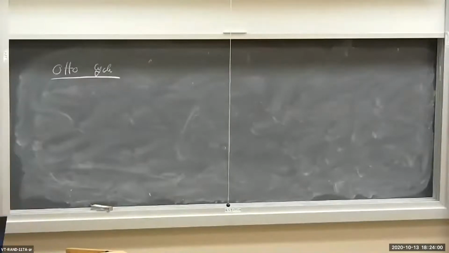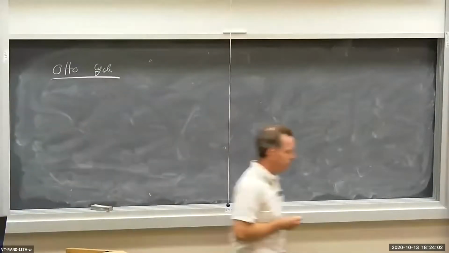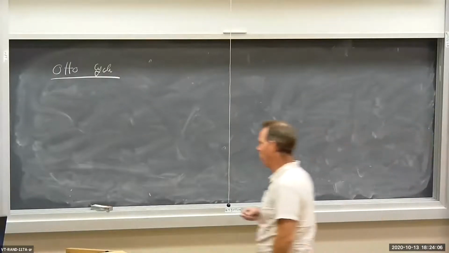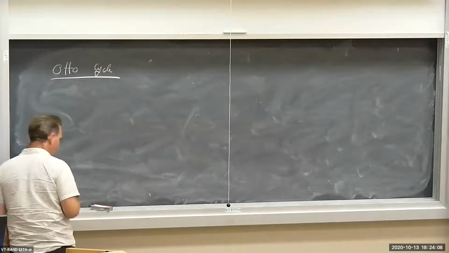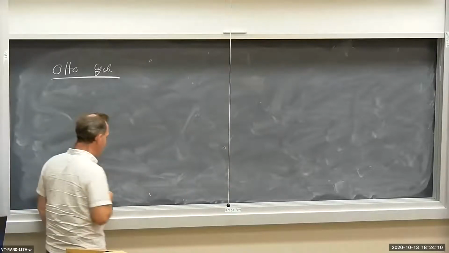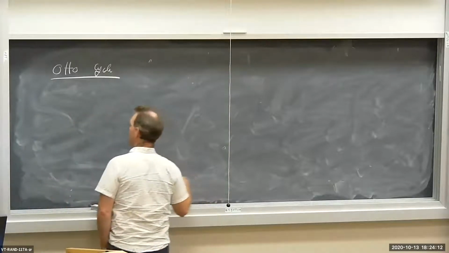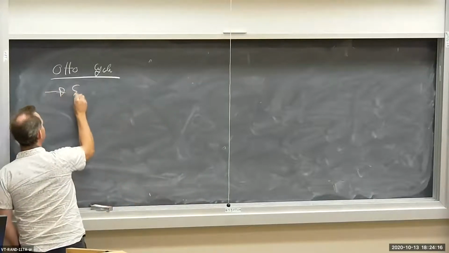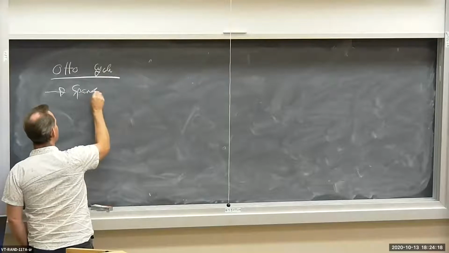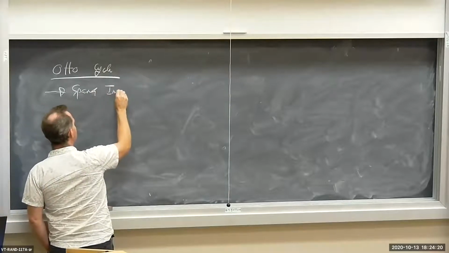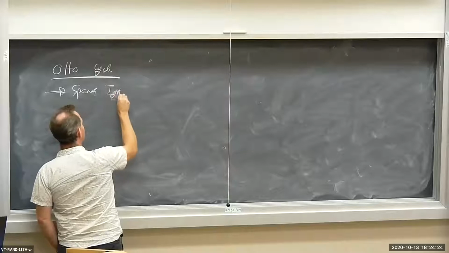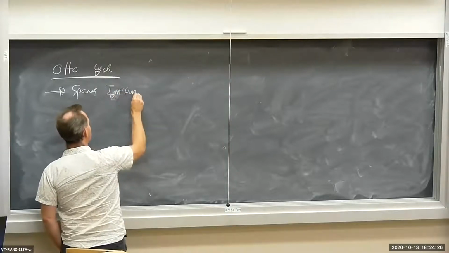All right, so let's have a look at the Otto cycle, which is a blackboard approximation for how the internal combustion engine works if you have a spark ignition engine or a gasoline engine. So the Otto cycle corresponds to a spark ignition engine.